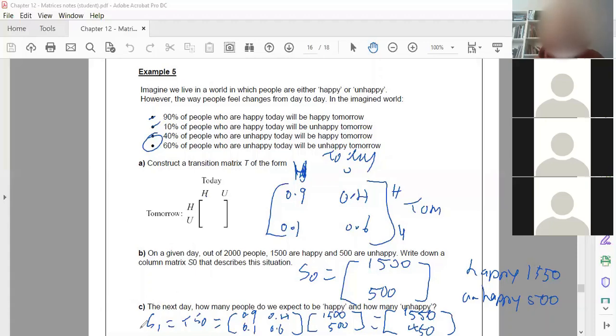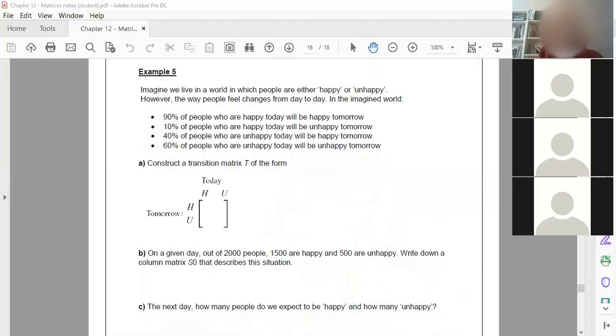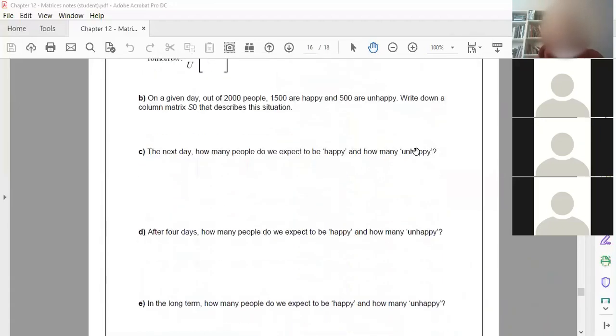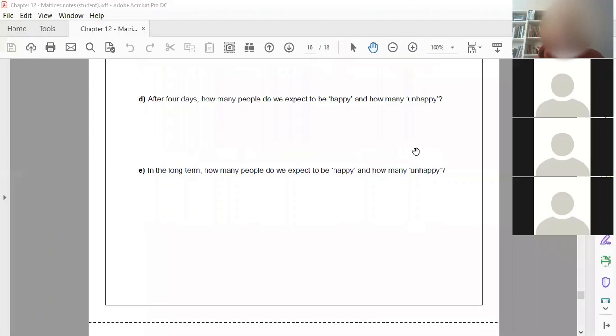Okay, let me clear that. D, after 4 days, how many people do we expect to be happy and unhappy? Okay, 4 days. So I'm doing S of 4, T to the power of 4 times S of 0. I would write it in matrix form like above.